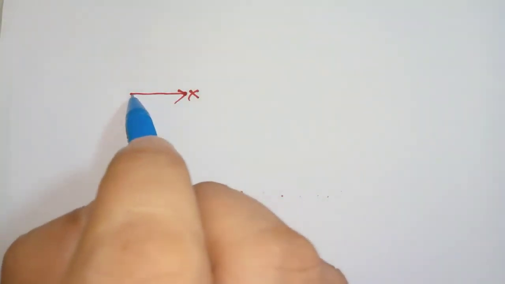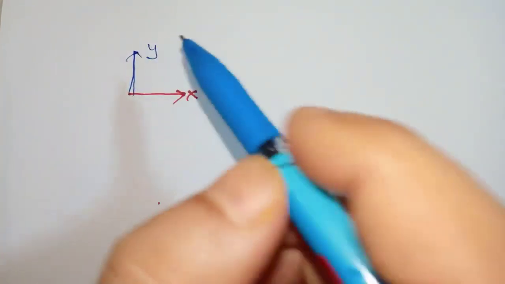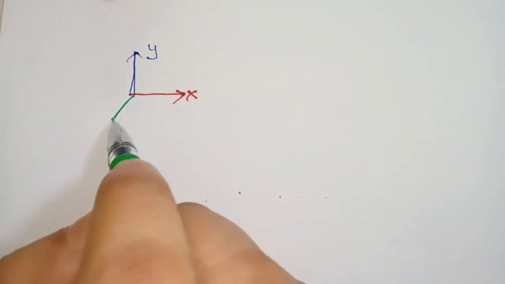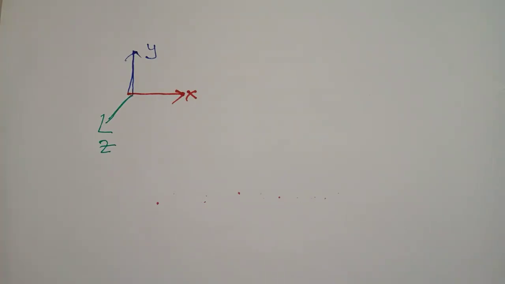And I'm going to take the blue color in order to draw the y-axis. This would be the y-axis. And we are going to take a green color in order to draw the z-axis. So these are the coordinate systems.